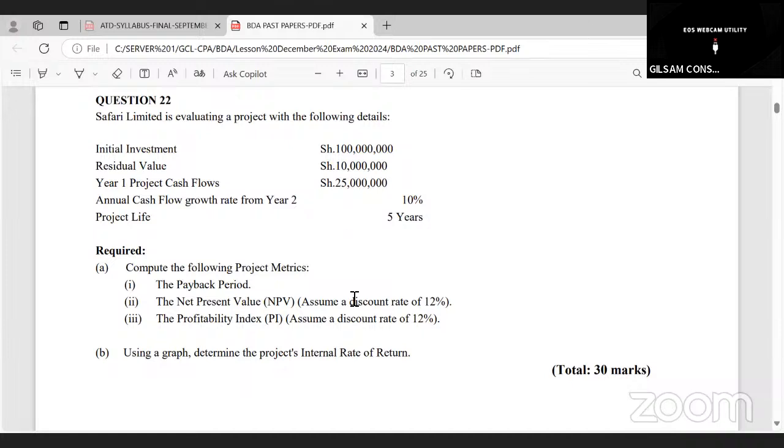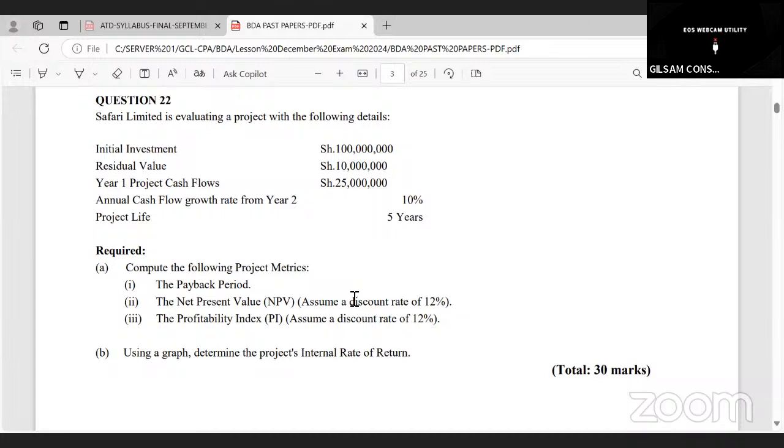And then number 1, you have been told to compute the following project metrics: the payback period, the net present value, assuming a discount rate of 12%, and the profitability index, assuming a discount rate of 12%.